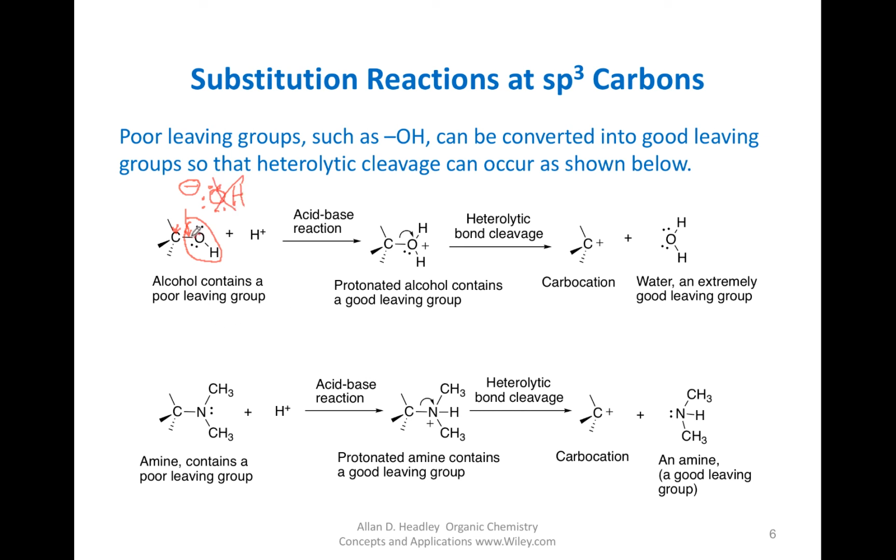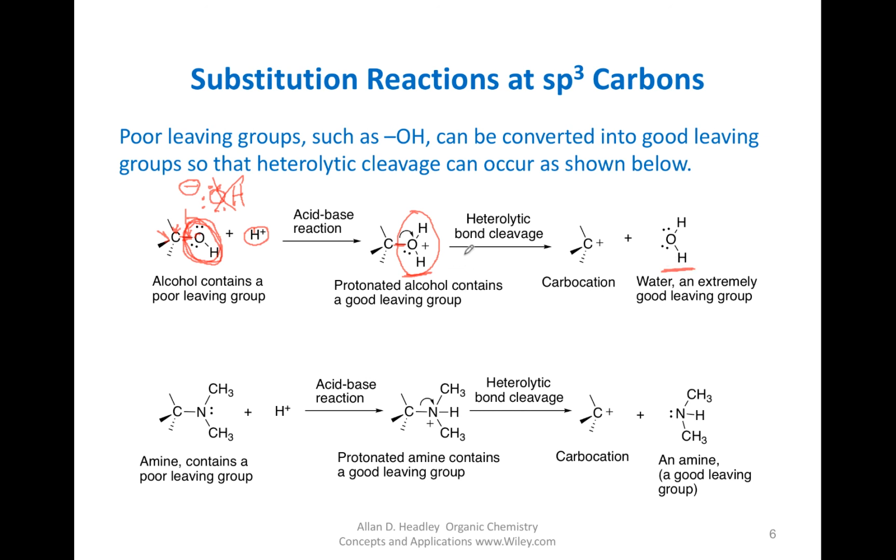So even though this bond is a polar covalent bond, making this carbon electrophilic, this is not a good leaving group because after it has left, if it could, it would be OH negative, which is a strong conjugate base, not stable. So what can be done, however, is to protonate it to get an intermediate looking like this. Now you can see if we break this bond, putting the electrons onto the oxygen, what we have here is water.